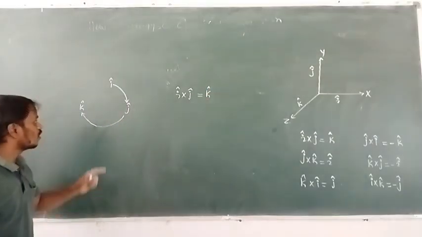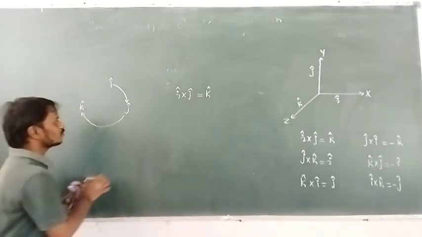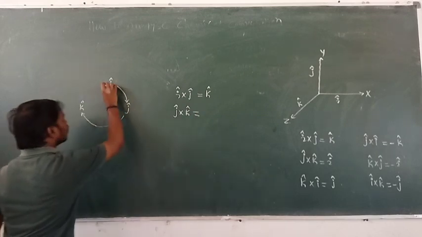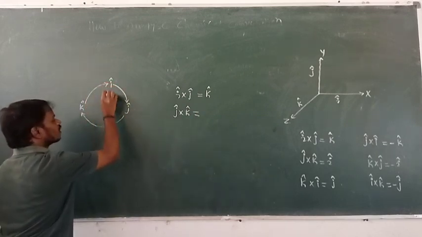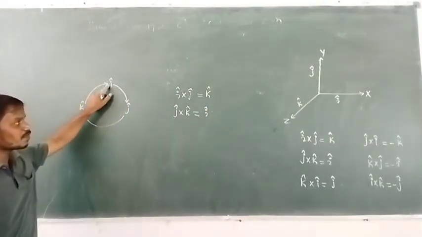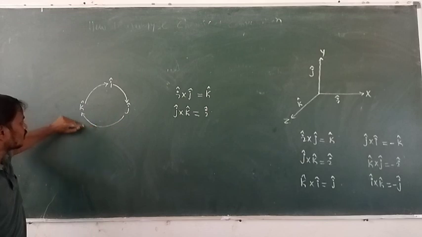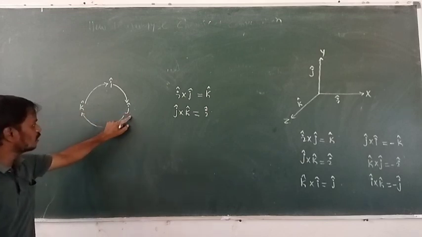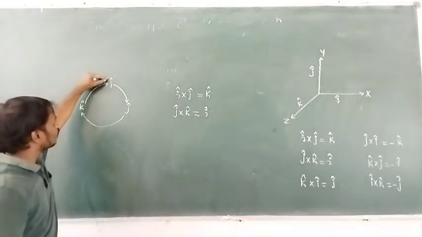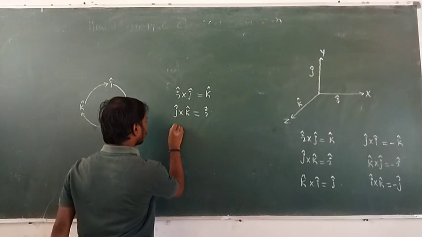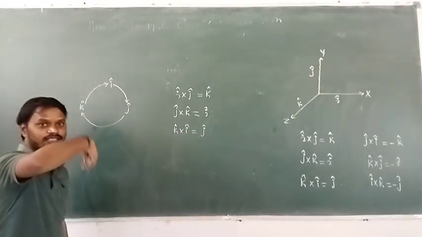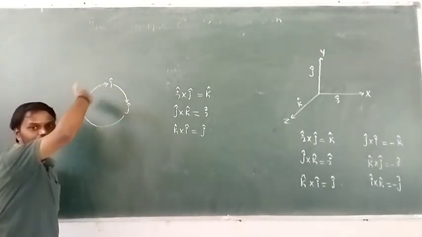Next, the cross product of j and k, meaning j to k, gives the unit vector i cap. Then the cross product of k to i gives the unit vector j. In which direction? That can be taken in the clockwise direction.